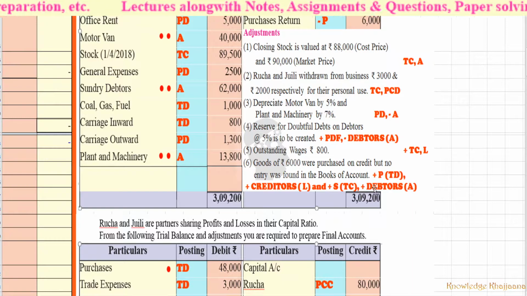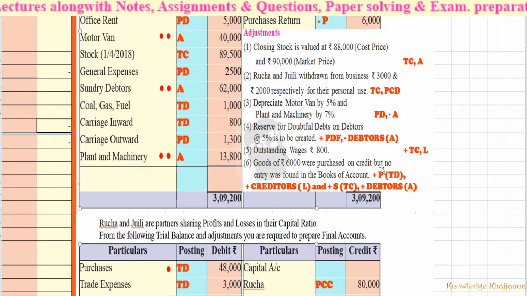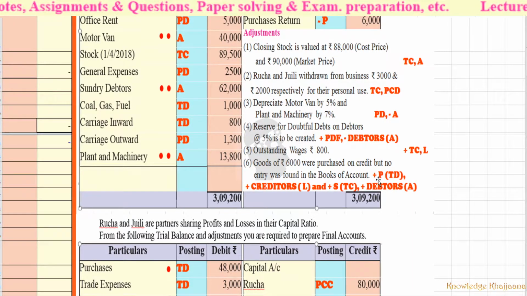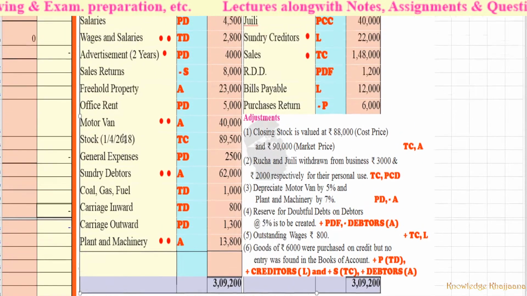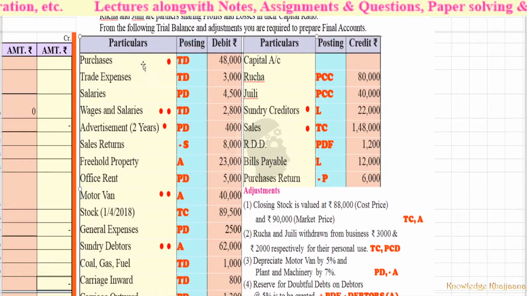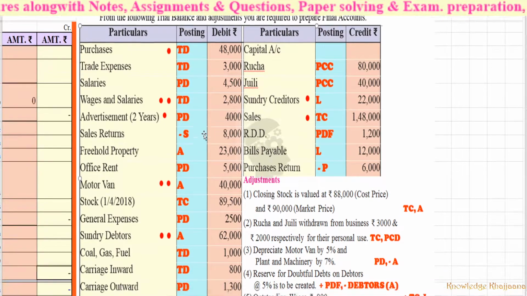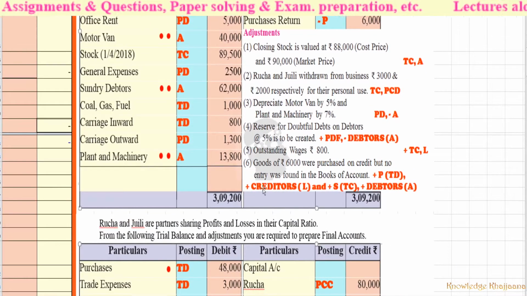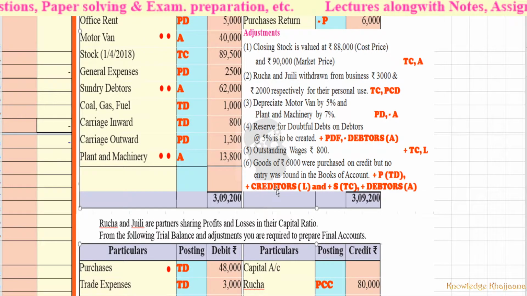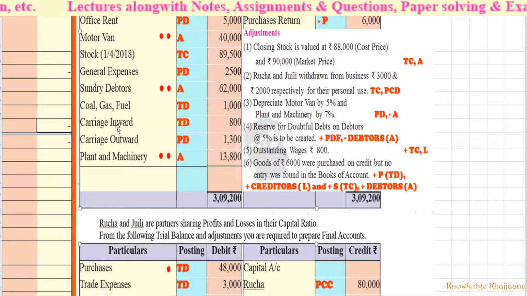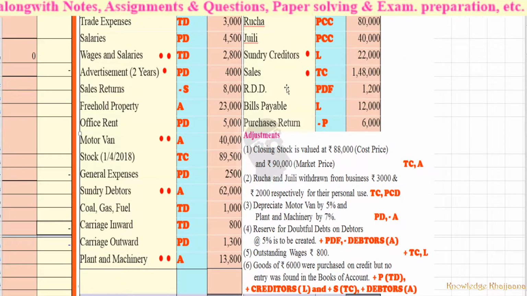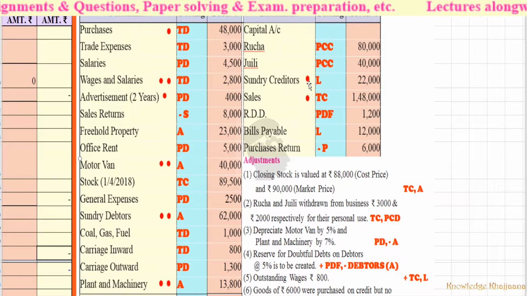See, 6,000 were purchased on credit, so you have to add that amount to the purchases on the trading account debit side. So one mark against purchases, trading account debit side. Then that amount should be added to the creditors on the liability side. So against sundry creditors, liability, one mark.